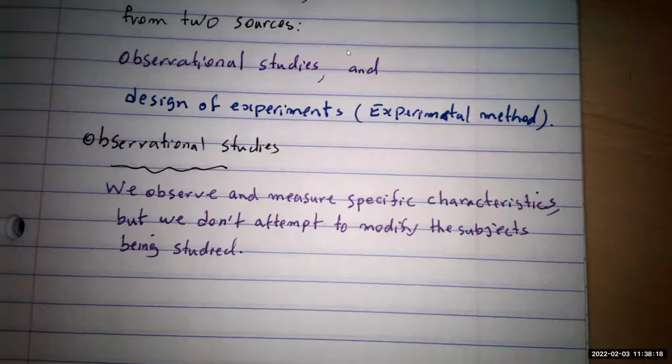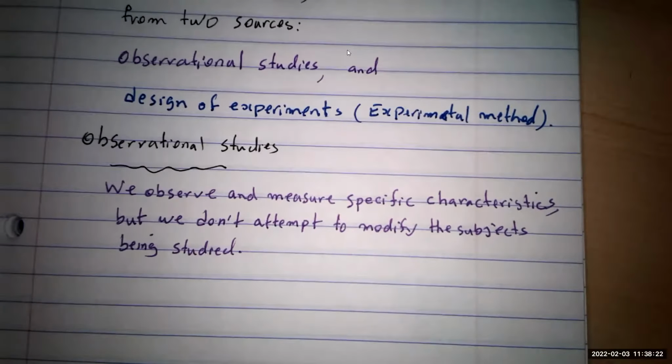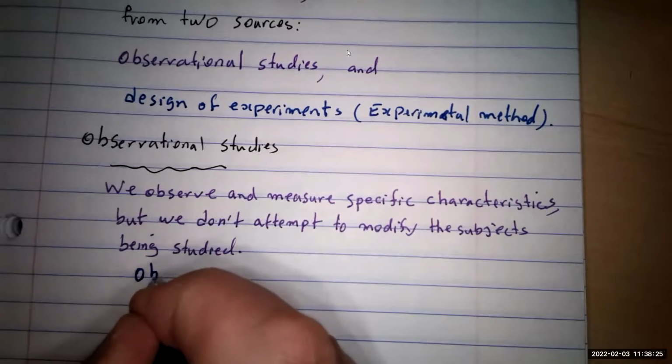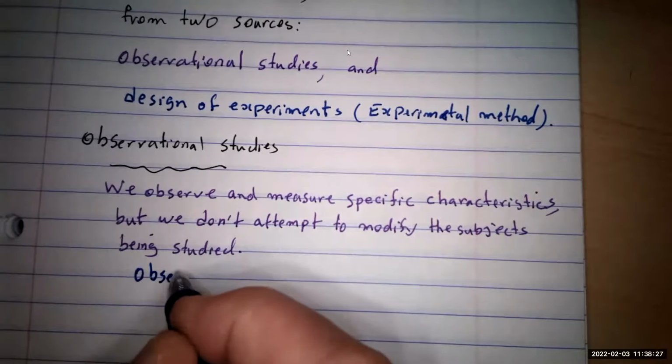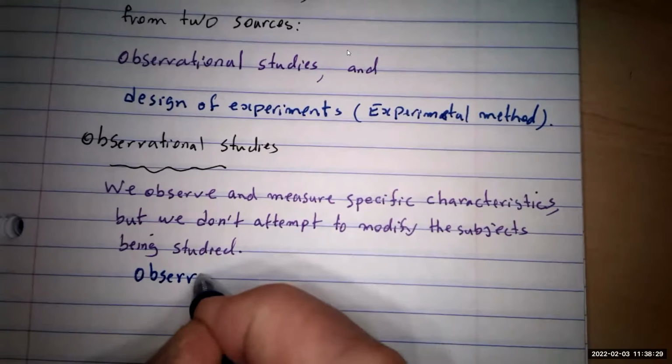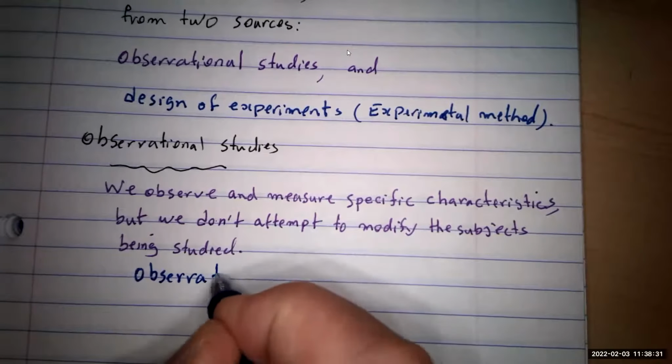Okay, the expression that they use, they say in observational studies you're looking for association. This is the expression you hear on the news when different experts talk about the coronavirus.